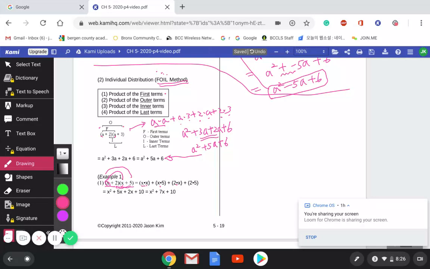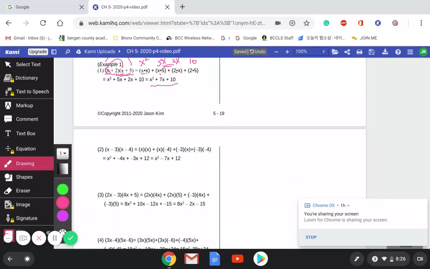And then x with x, x with 5, 2 with x, the inner one, and the last one, 2 with 5. So that becomes x squared, 5x, 2x, 10. 5x and 2x are like terms, 7x. So that's how you do that. Okay.